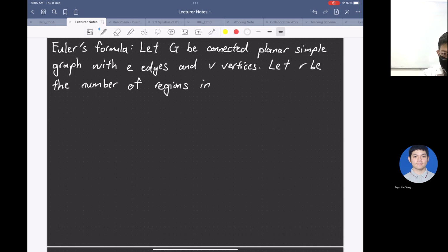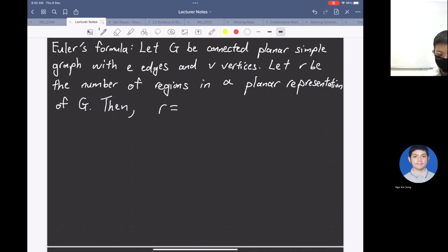What's the formula between R, E, and V? R equals E minus V plus 2.